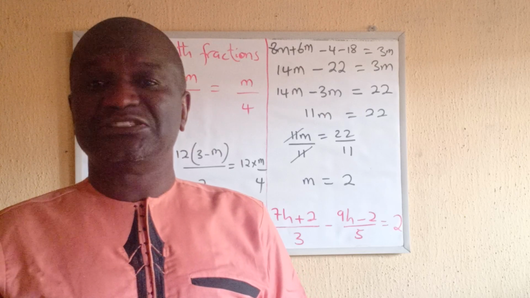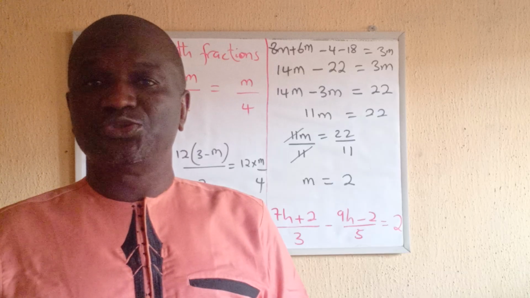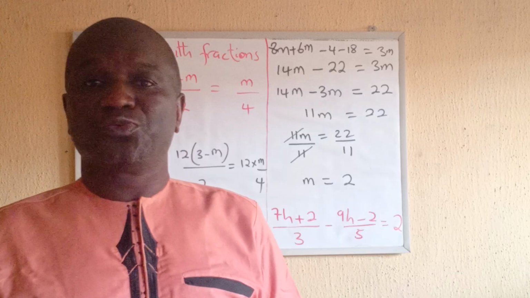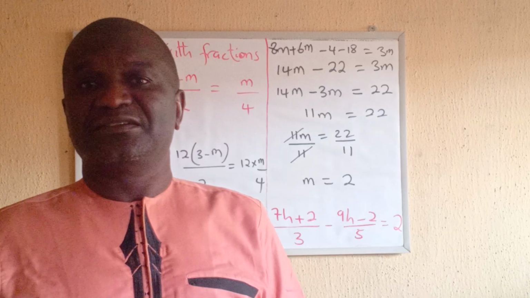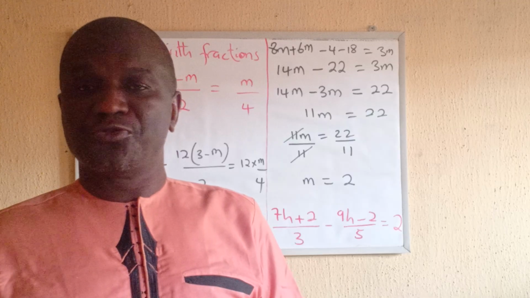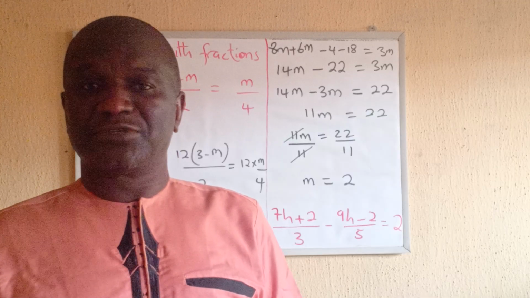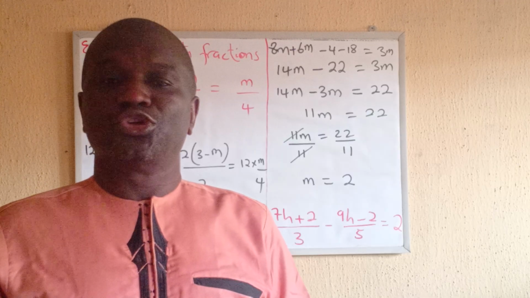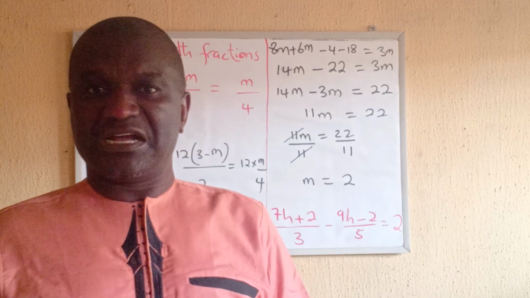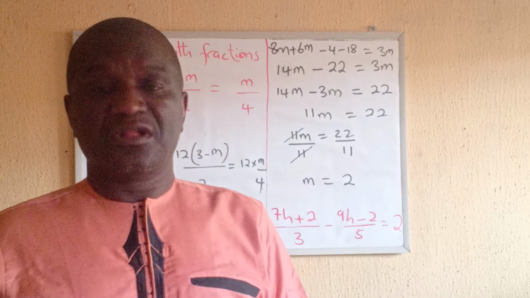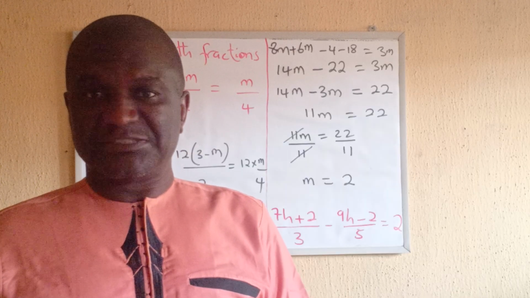And when you clear the denominator, it will lead you to an equation, in some cases, to an equation with brackets. Then you remove the bracket. Then from removing the bracket, it will lead you to a simple equation, and you solve as it has been taught.